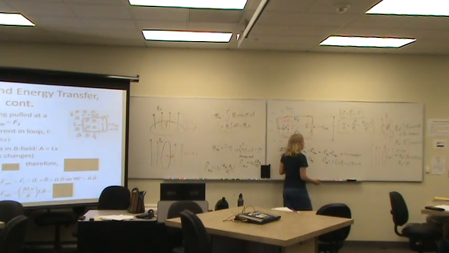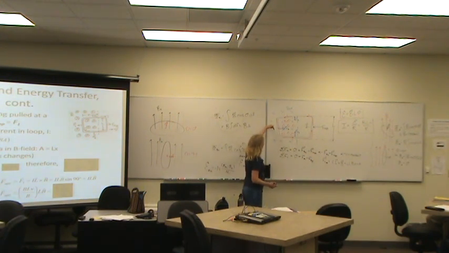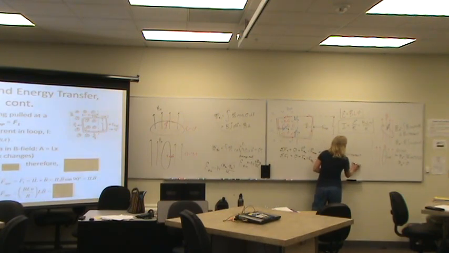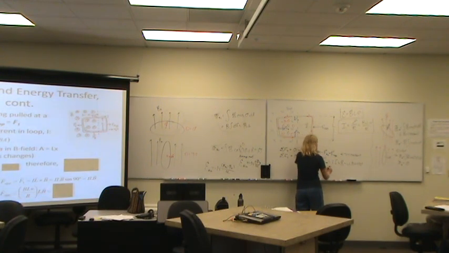The angle in this case is the angle between the B field and our current. So what's the angle between the B field and the current? 90? Okay, so sine 90 goes to 1.